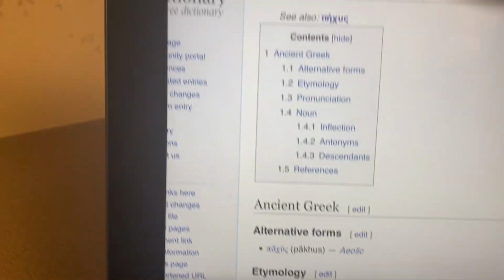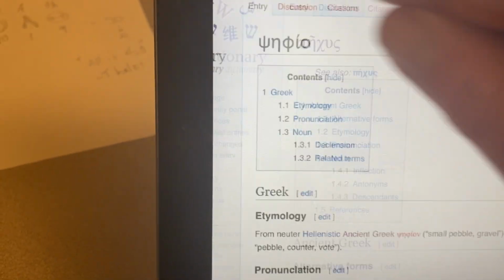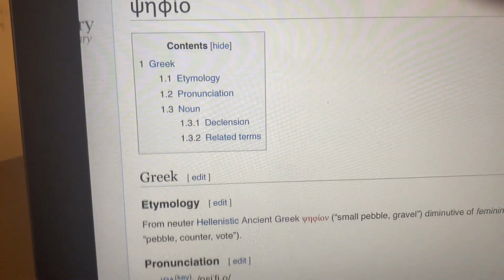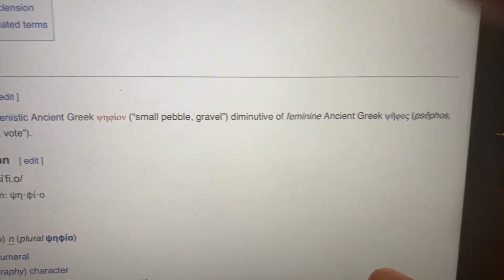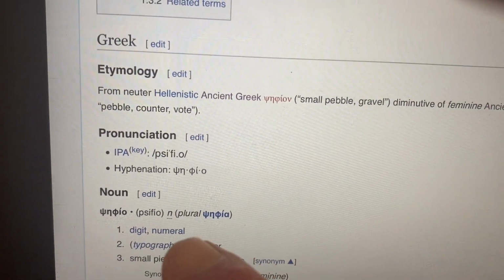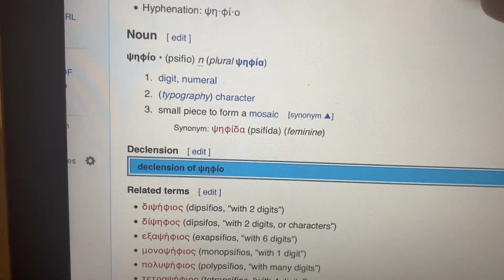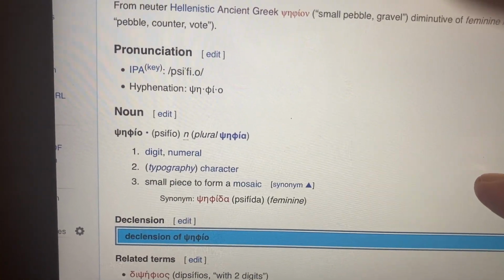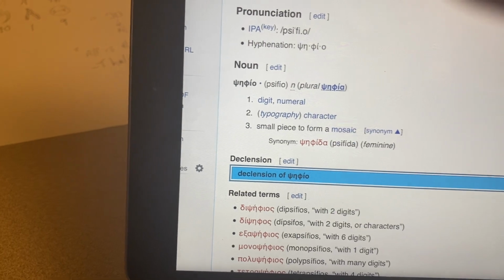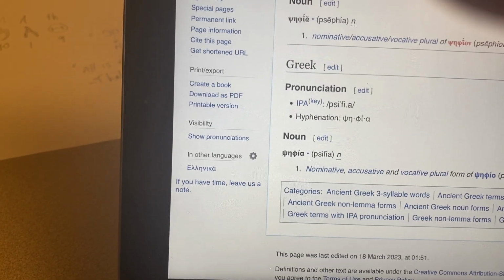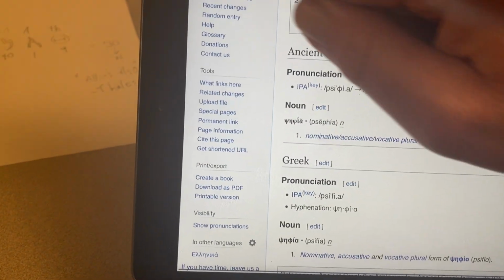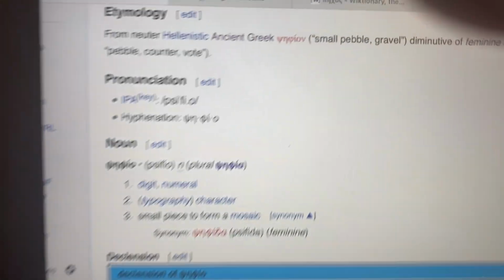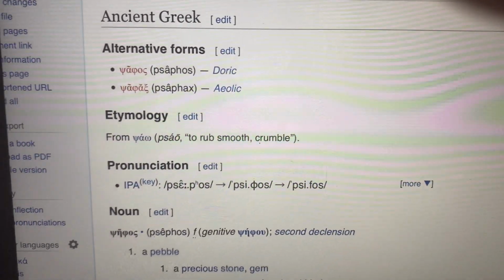And then the same for Sophio. If you go over here, go to Cephos.